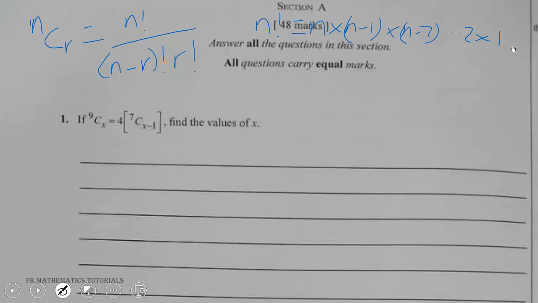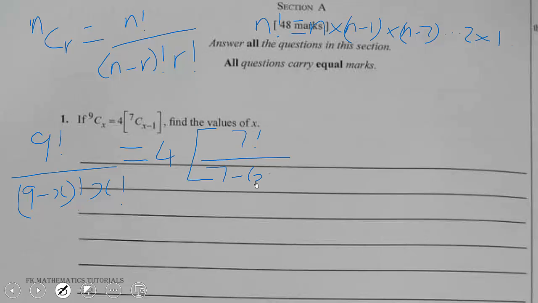So we can express 9 combination x as 9 factorial over (9 minus x) factorial x factorial, is equal to 4 [7 factorial over (7 minus x minus 1) factorial, then (x minus 1) factorial].